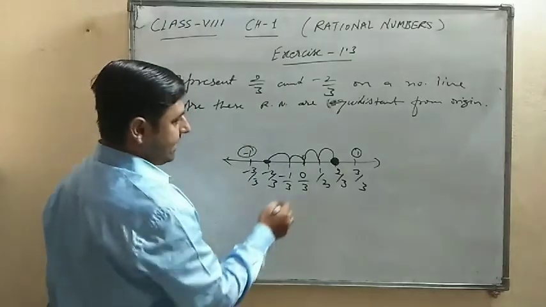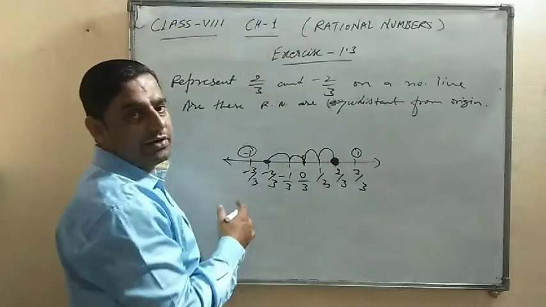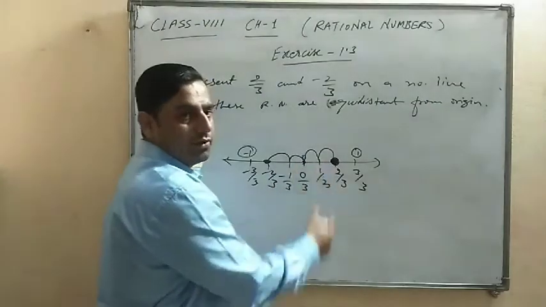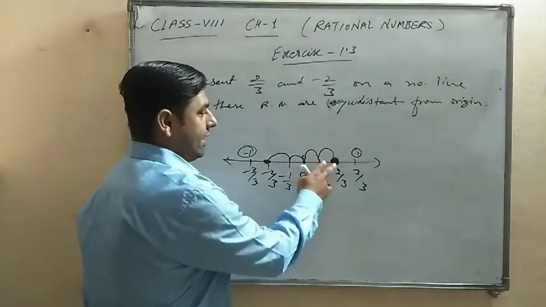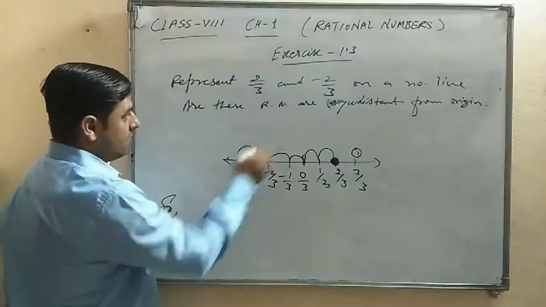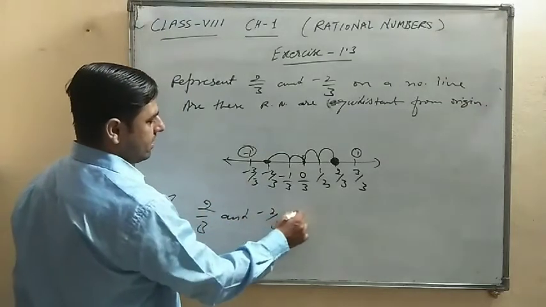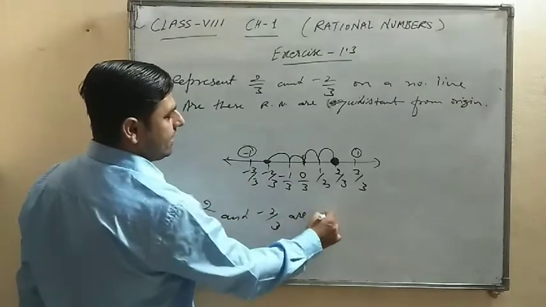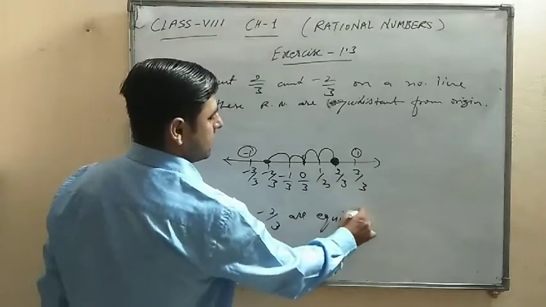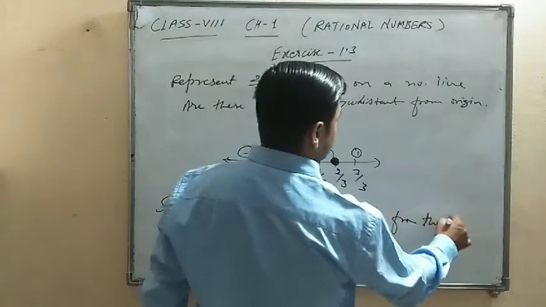So now you can check, 2 units from the origin on the left hand side, 2 units it covers on the right hand side of the origin. So 2 by 3 and minus 2 by 3 are equidistant from the origin.